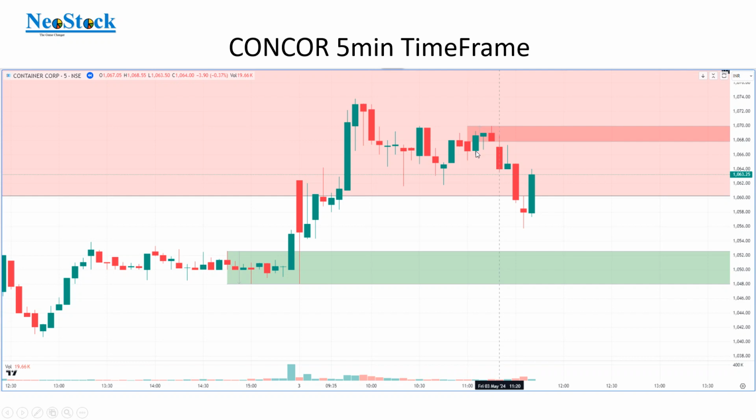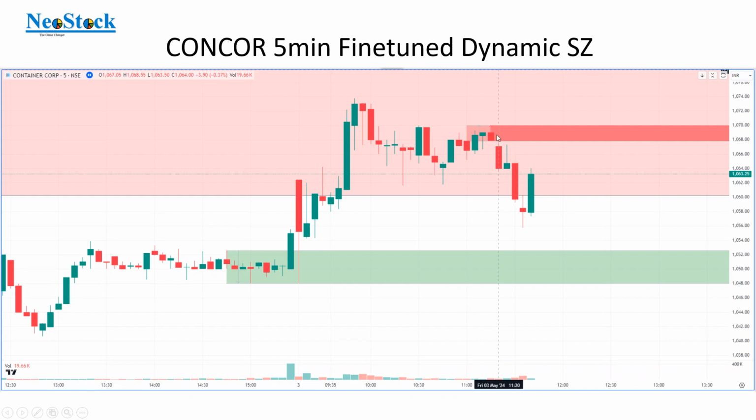Yes, there is a zone available. You have a rally candle, you have 2 base candles, and then you have an excellent drop candle. Definitely we have an excellent fine-tuned 5 minute zone. Let us draw the fine-tuned 5 minute zone.